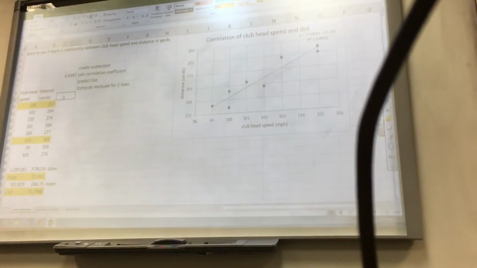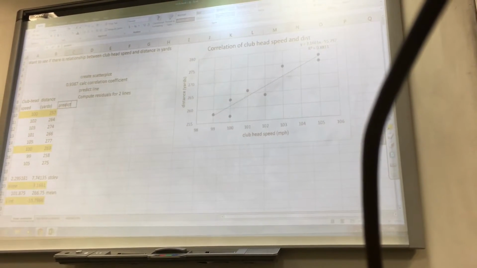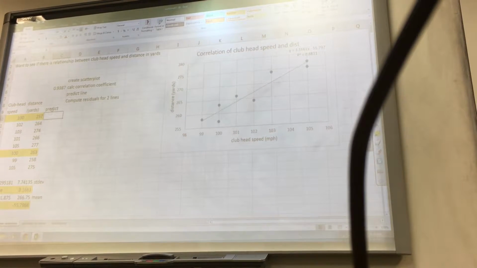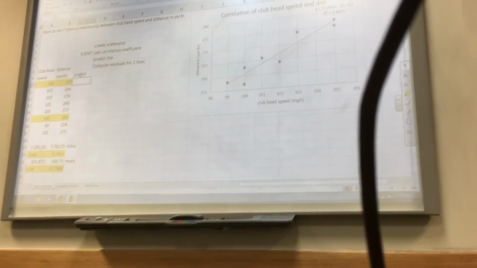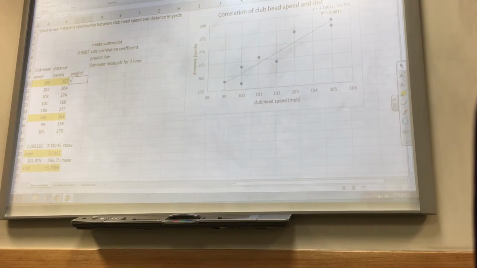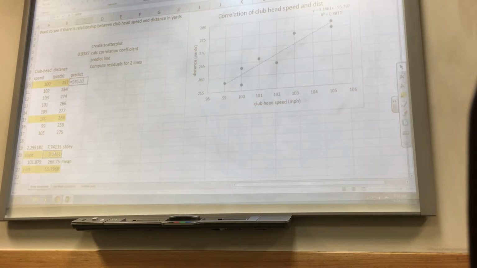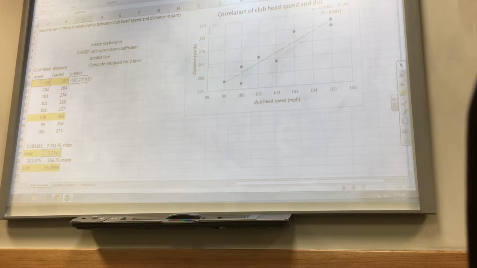Now I could have predicted, according to my equation, that. So if I plug it into this equation, I'm going to get 3.166, so that's my slope. I could multiply that times my 100 miles an hour, and then I could add my y-intercept, which happens to be negative.